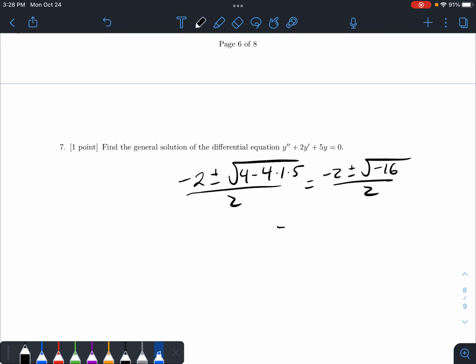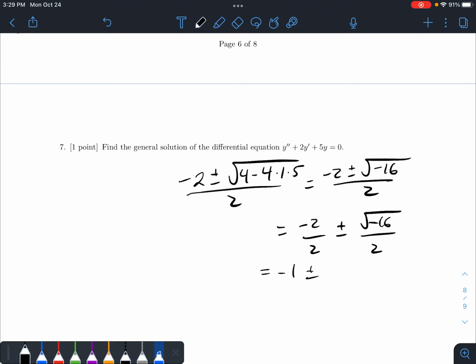Remember your basic fraction rules. You can split this up into 2 fractions, plus or minus this. Please do not do this step incorrectly. Please do not cancel the 2 with the 2. Can't do it. We're adding up here and we're dividing up here. Addition and division do not cancel each other.